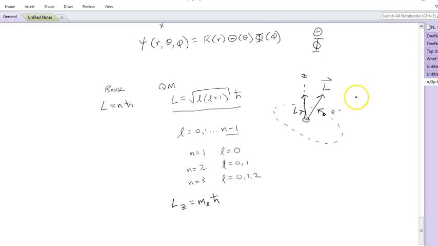And what I mean by that is, you actually only see evidence of this quantization when, for instance, you put the atom in a magnetic field. If you put the atoms in a magnetic field, the direction of that applied magnetic field actually determines the z-axis, because there's an interaction of that applied magnetic field with the hydrogen atom, with the electron.